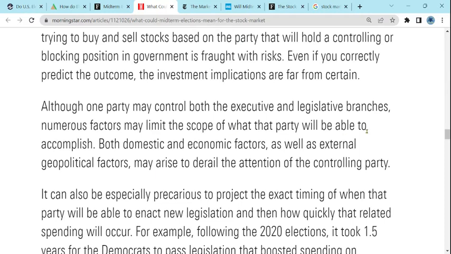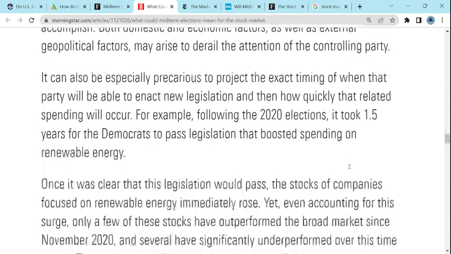Numerous factors limit the scope of what the party will be able to accomplish. Both domestic and economic factors, as well as external geopolitical factors, may arise to derail the controlling party. It can also be precarious to project the timing of when the party will be able to enact new legislation and how quickly the related spending will occur.